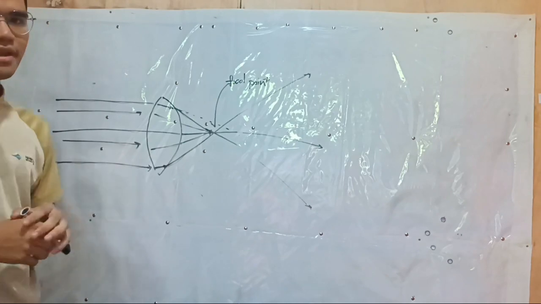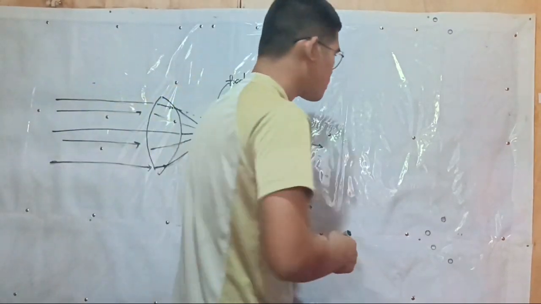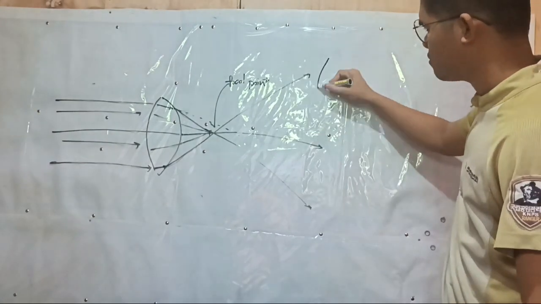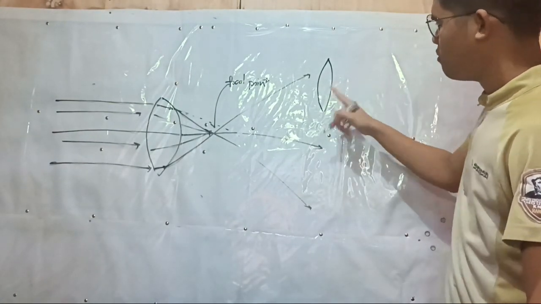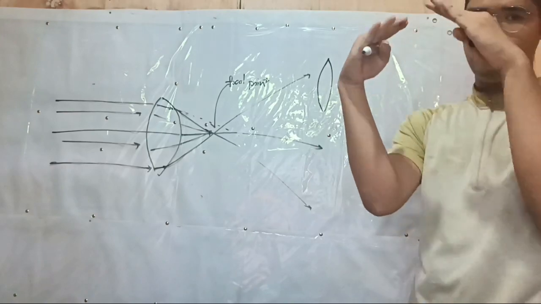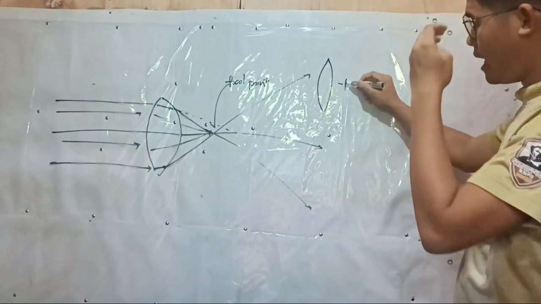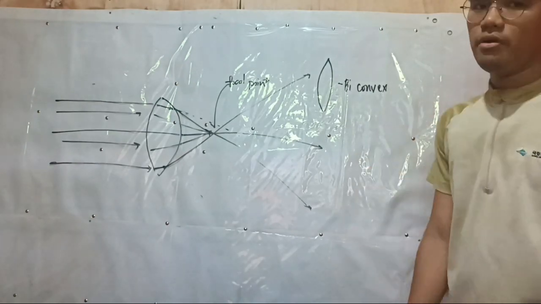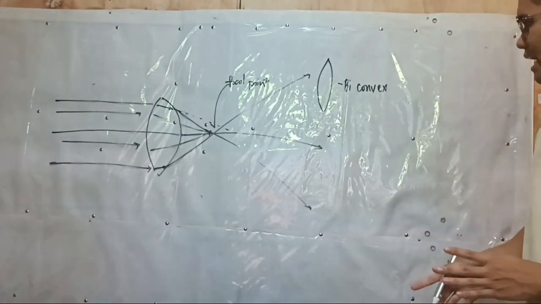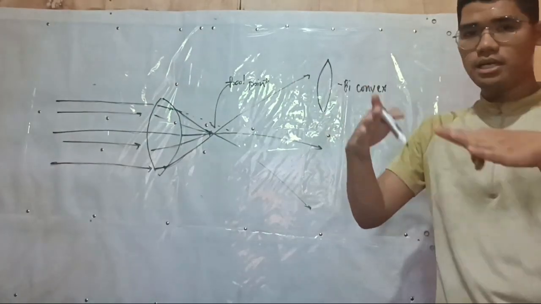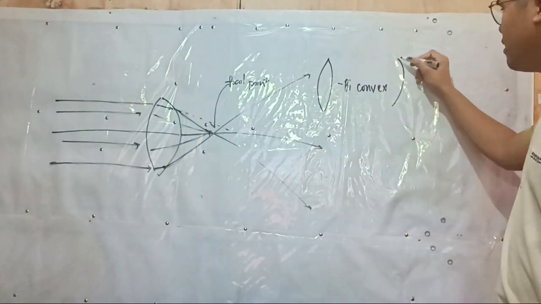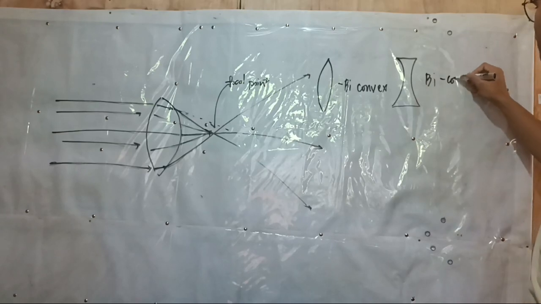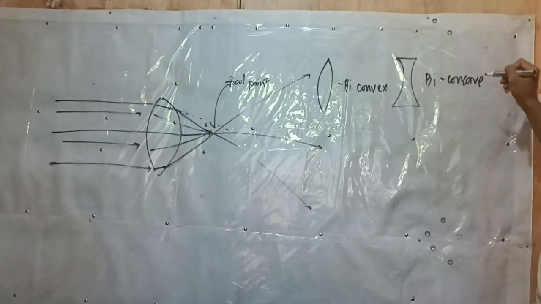So we have very different kinds of lenses. We have a lens that is curved outward on both sides. We call this a biconvex lens. If we have a lens that is curved inward on both sides, we call it biconcave.